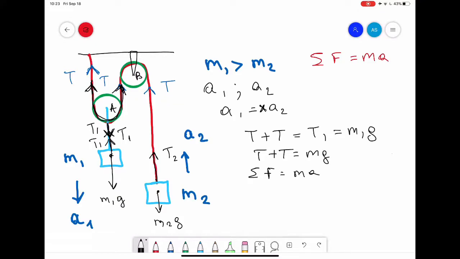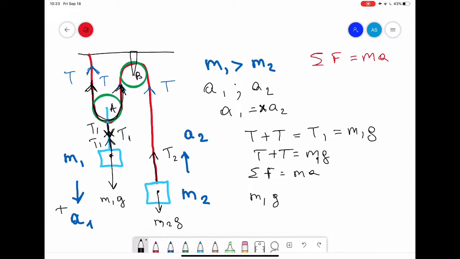If you take the direction of acceleration as positive, then what are we going to write down for M1? M1G is pointing downwards, and we said that for M1 the direction of the acceleration will be positive.